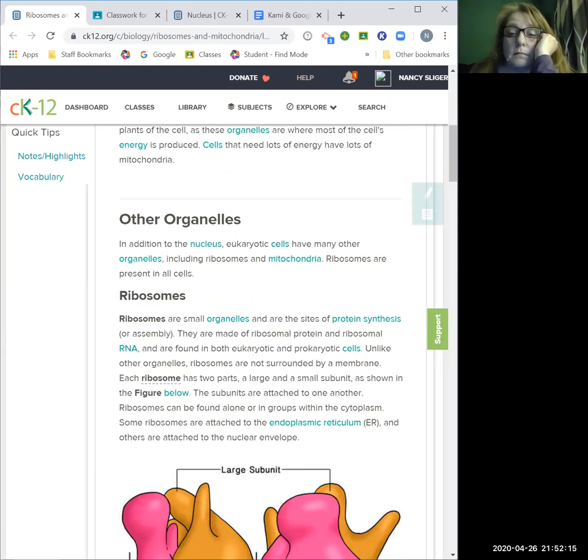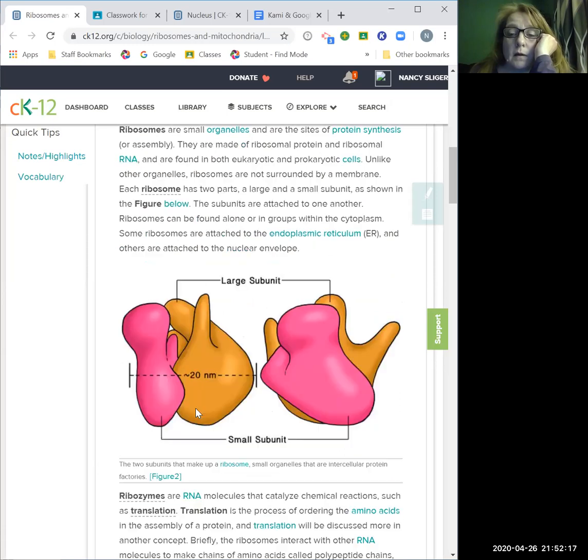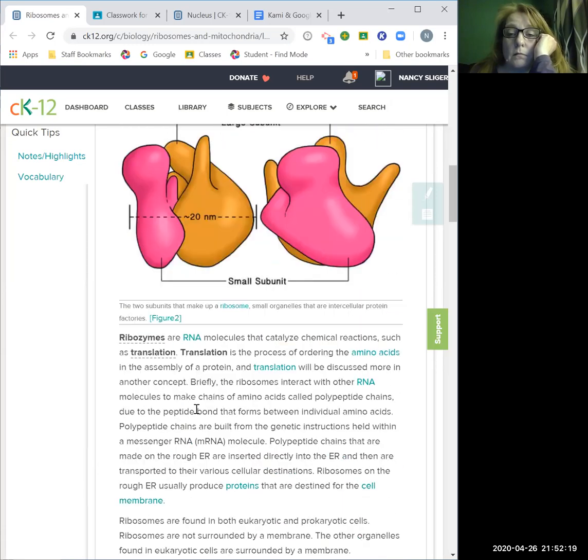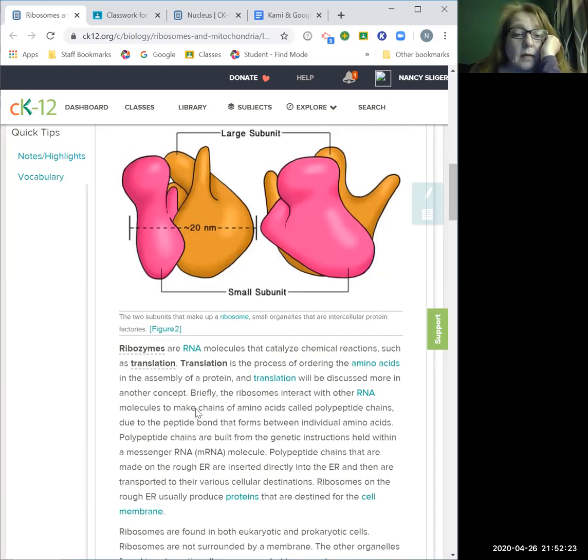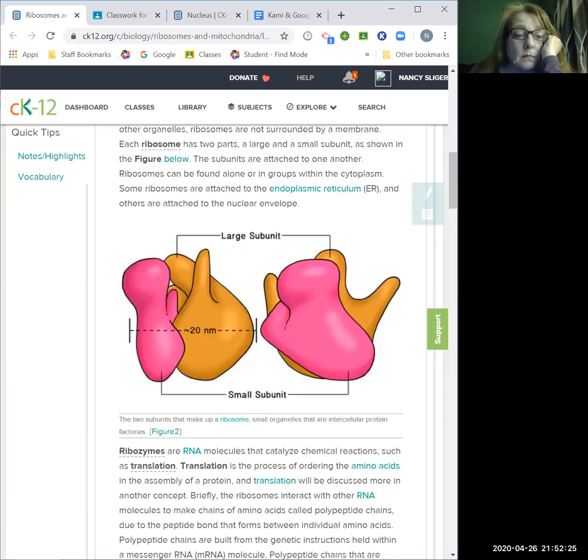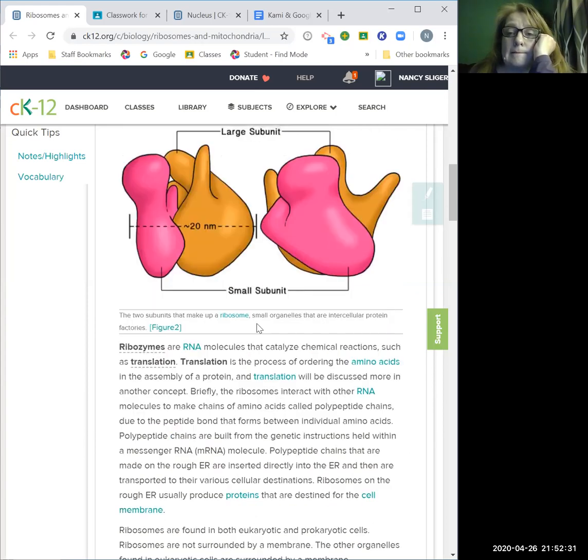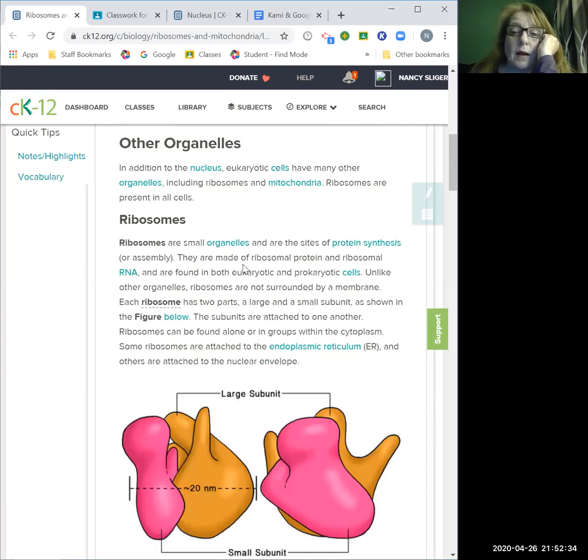They have it on here. Ribonucleic acid. Okay, they're made of ribosomal protein and ribosomal RNA.